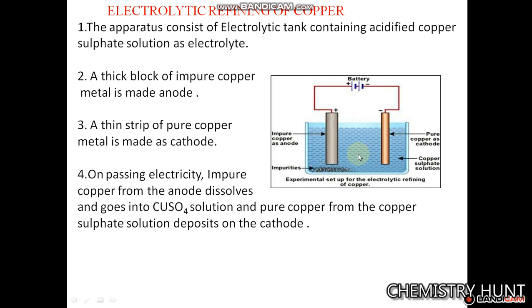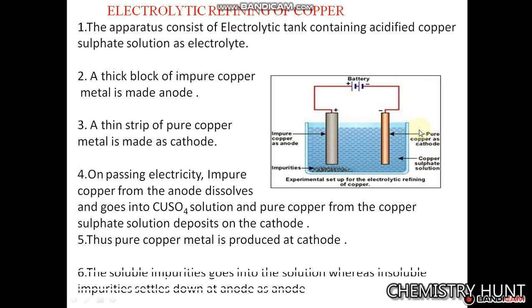So only the pure copper gets deposited on this cathode. This pure copper metal is produced at the cathode. We have seen it previously.